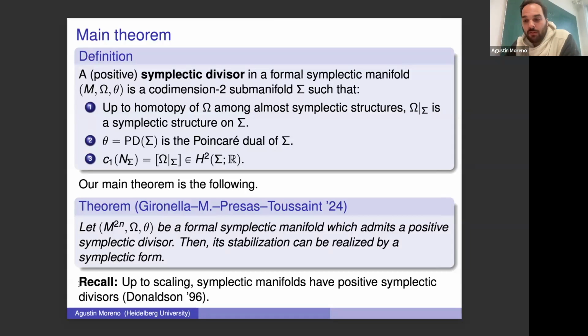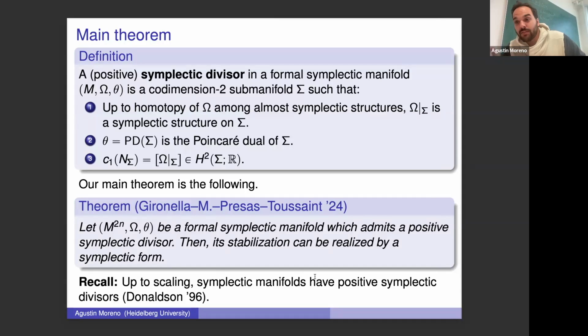And one thing that's important to recall here is that there's a well-known result of Donaldson from the 90s using almost holomorphic techniques, that up to scaling of a symplectic form, if you start with a symplectic manifold, then you can always find positive symplectic divisors. Right? So in some sense, if you're trying to find a symplectic structure, the assumption on the existence of such a divisor is a natural condition.